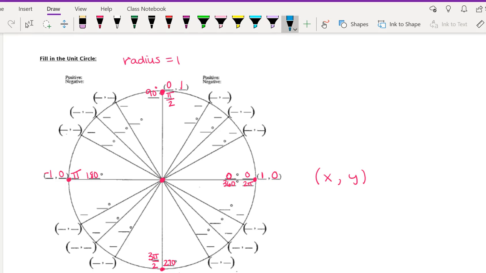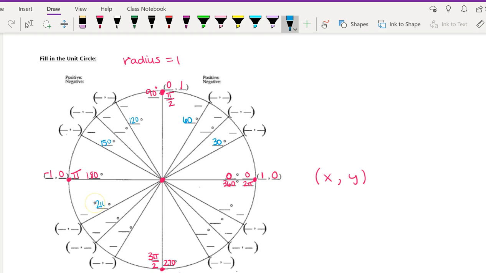So the first I'm going to do is 30 degrees. This is 30 degrees. And then I'm also going to do 60 because I'm going to count in increments of 30. 30, 60, 90. Then comes 120, 150, 180.